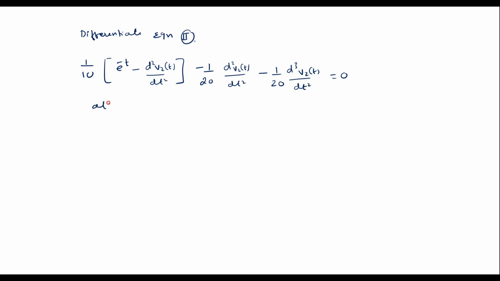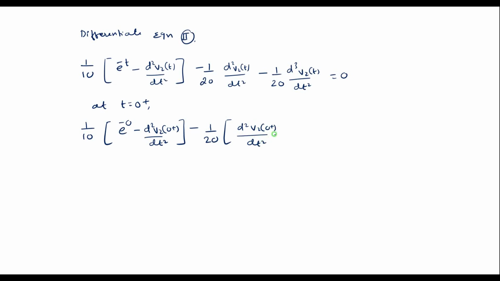So now at t equal to 0 plus, substitute t equal to 0 plus here: 1 over 10 e power 0 minus d square v2 of 0 plus by dt square, minus 1 over 20 d square v2 of 0 plus by dt square, minus 1 over 20 d cube v2 of 0 plus by dt cube is equal to 0.